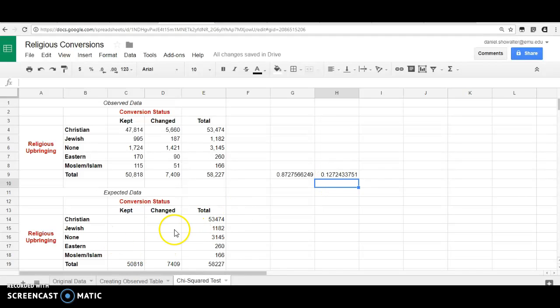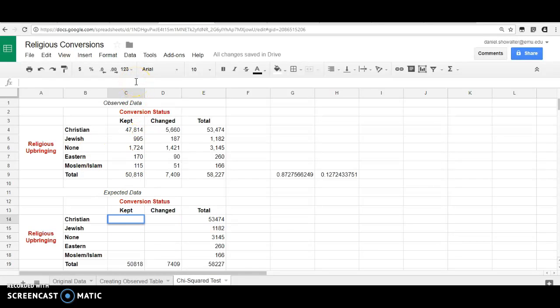So if we're just as likely to convert regardless of what religion we're in, then a person who is born in a Christian upbringing should have an 87.3% chance of keeping their religion, 12.7% chance of converting. And we know that there's 53,474 people who are born into a religious upbringing.